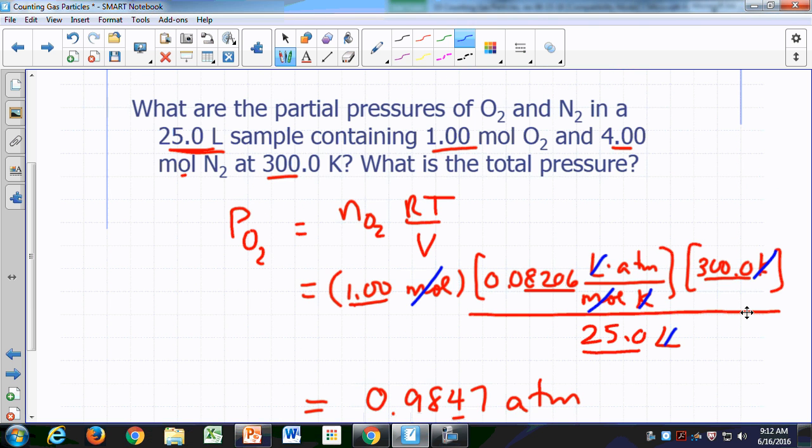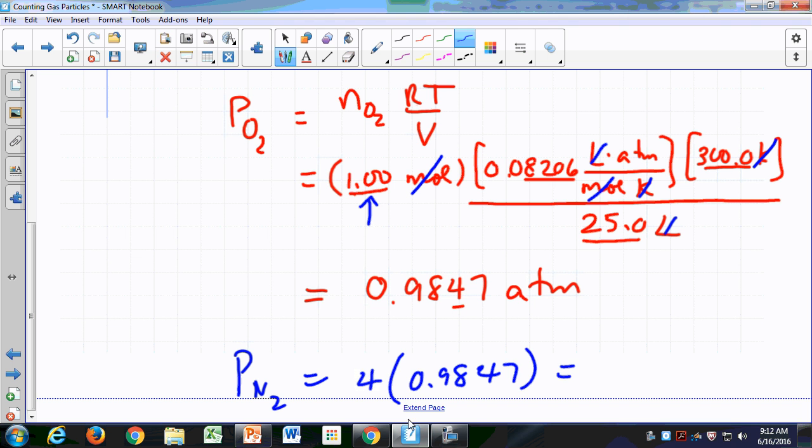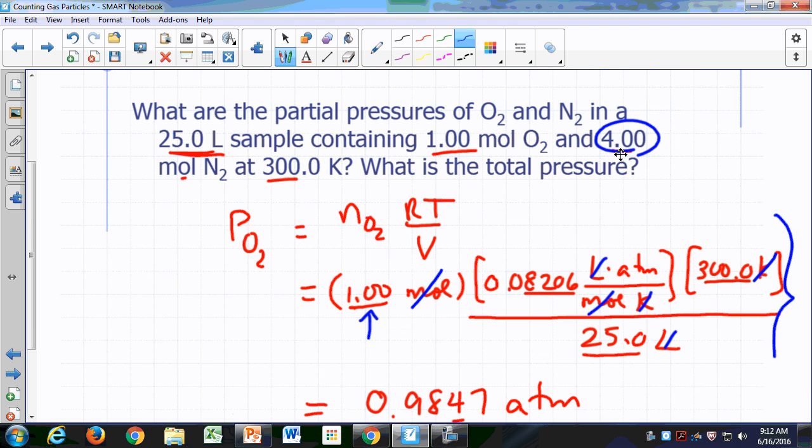Partial pressure of N2 will have 4 moles, right? So do the same thing, except over here, instead of 1, you put 4. So the value you get should be 4 times whatever 0.9847 is. You can do it the hard way, or you can just visualize that you have 4 times as many moles of nitrogen, so you put a number 4 here instead of 1.